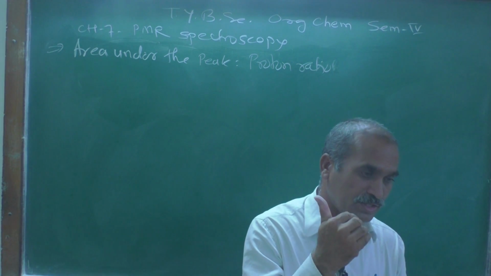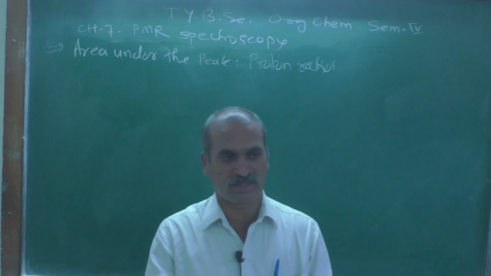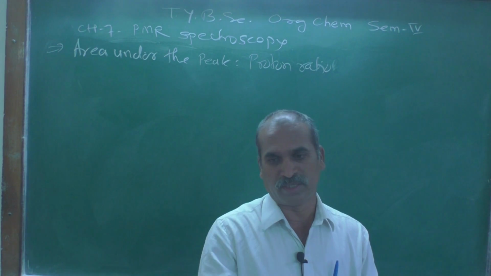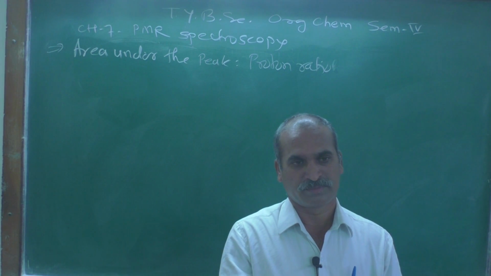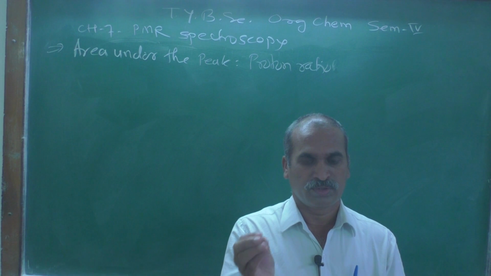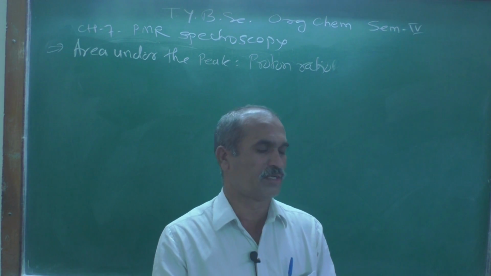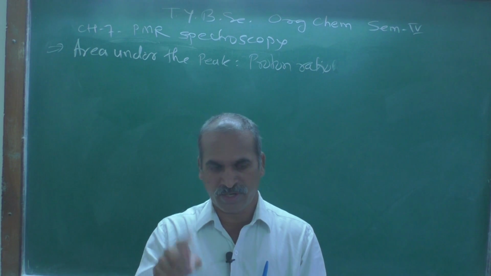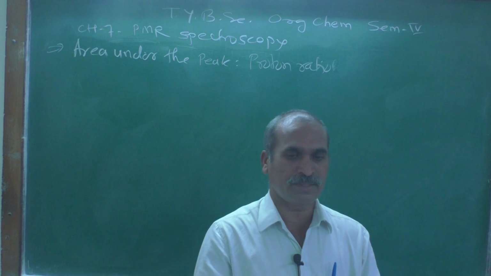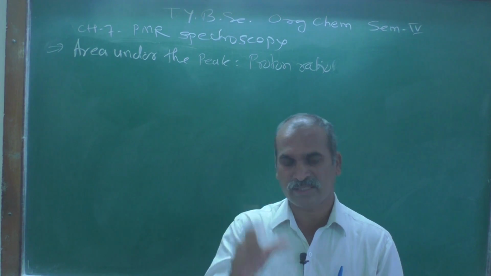How is it important for the elucidation of the structure of an unknown organic compound, and how is it useful or beneficial for the organic chemist for analyzing the spectrum?